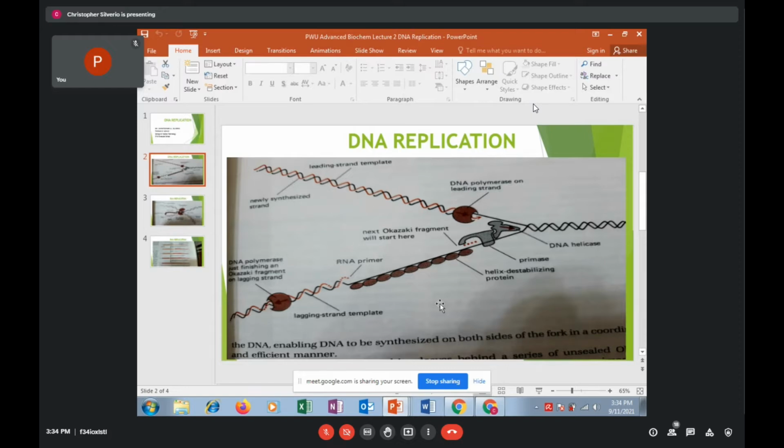Last time, I also explained to you the components of the DNA and the messenger RNA. I also explained to you about complementary base pairing.